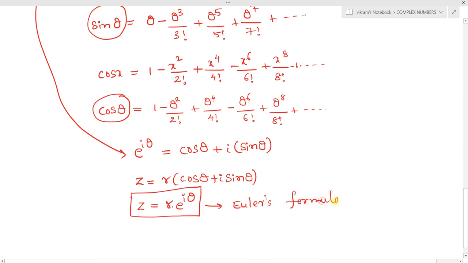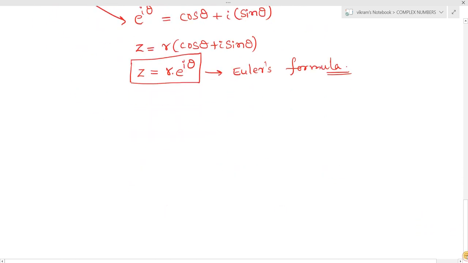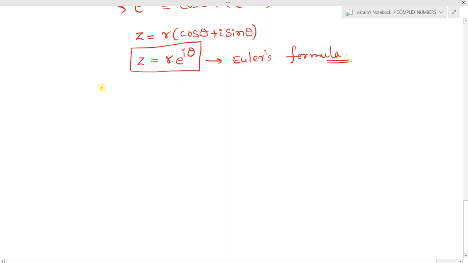I think you understand what Euler's formula is. Now we'll try to solve one question on this. Before that, in Euler's formula, if θ equals π, what happens?